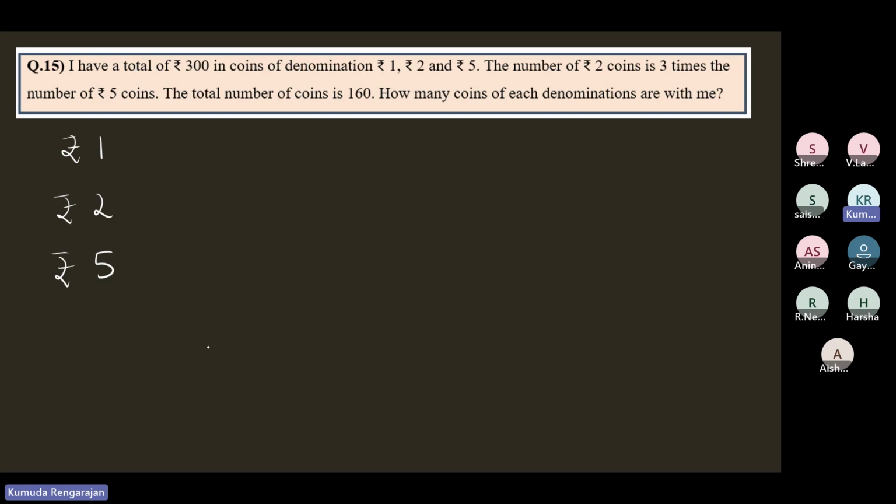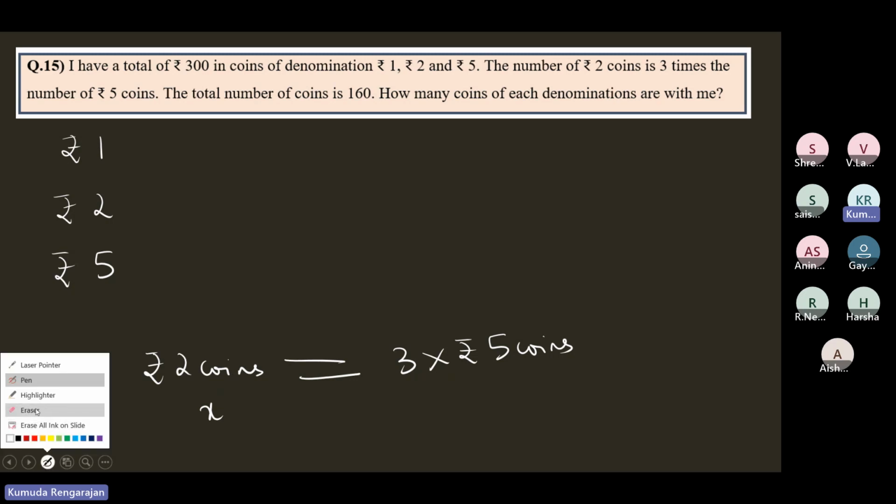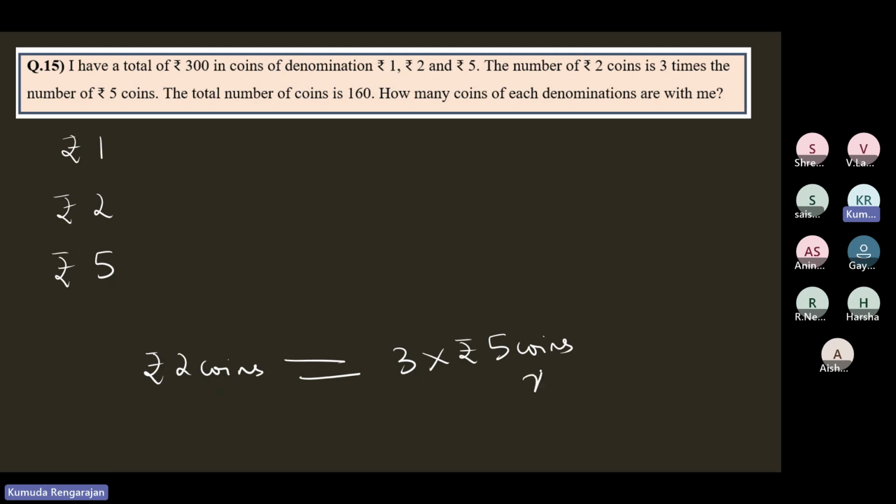The number of 2 rupee coins is 3 times the number of 5 rupee coins. So if the number of 5 rupee coins is X, then 3 into X will be the number of 2 rupee coins.